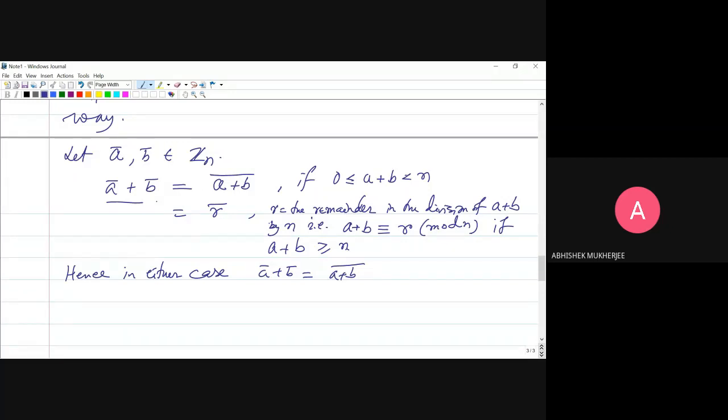If it is between 0 and n, then it will remain as it is, a plus b class. And if it is greater than or equal to n, then you need to divide this a plus b by n, evaluate it and get the remainder, and the remainder will give you the required class. So this plus is a binary operation.